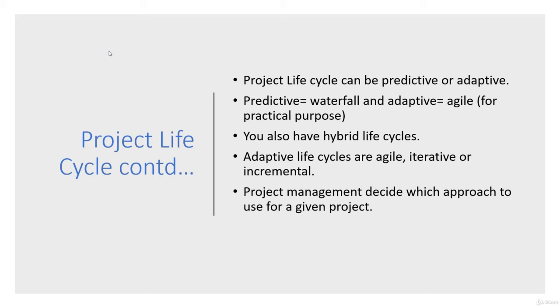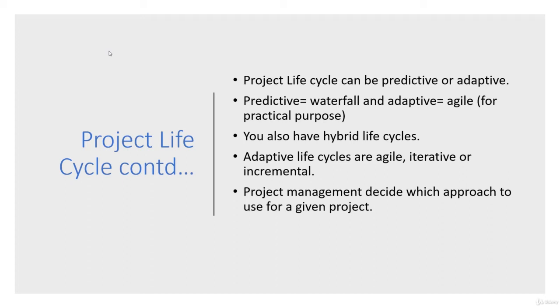So in these projects, requirements keep on evolving. Changes are constantly coming. So in those cases, agile, these kinds of methodologies are preferred, and that's why in those projects, adaptive is preferred.